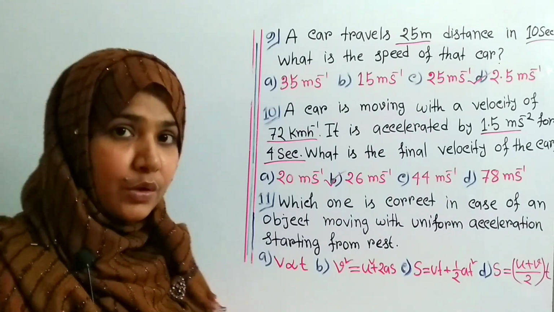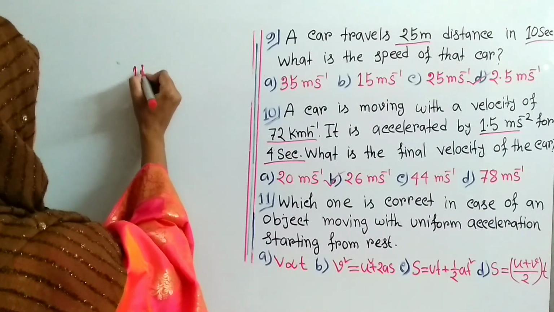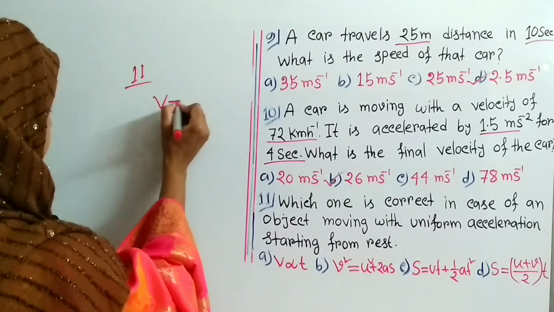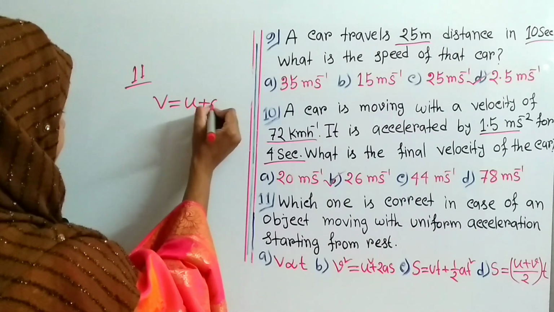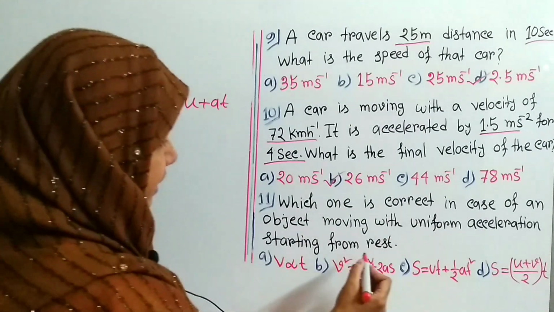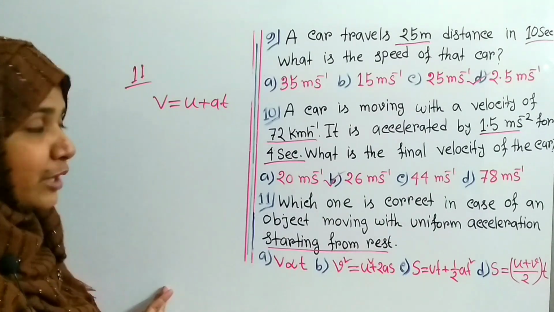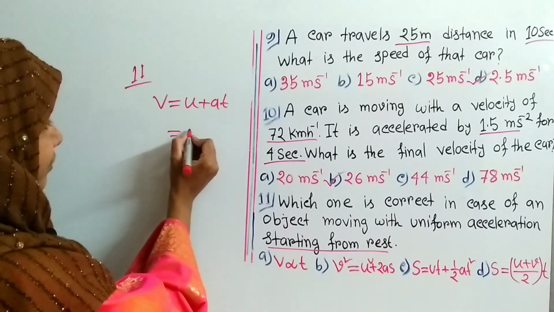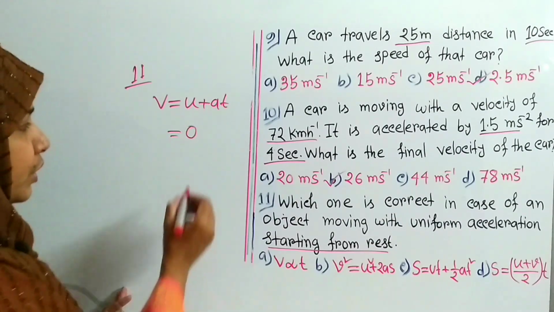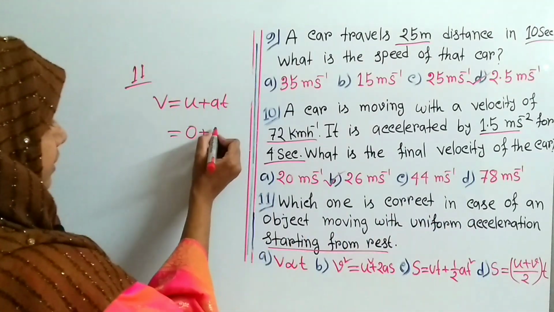So we know that there is a formula which is V is equal to U plus AT. And in the question you can see that they mention that the object is starting from rest. That means the initial velocity of that object is 0, with uniform acceleration.